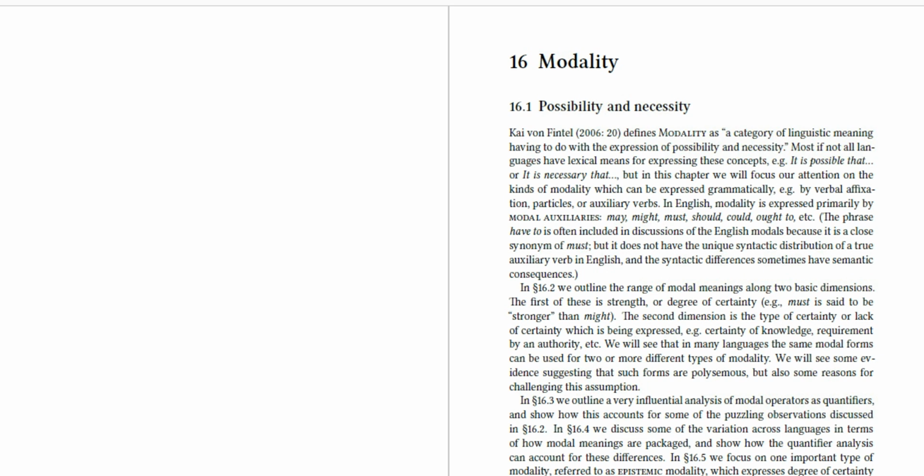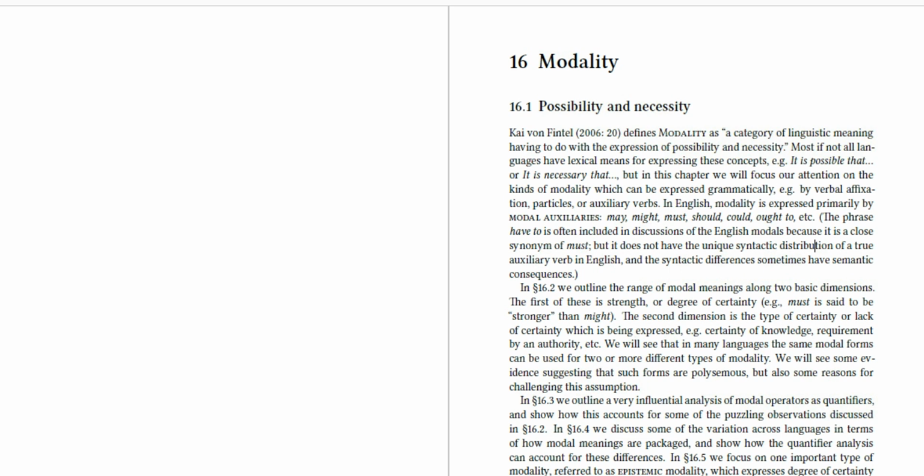A sentence like, for example, Napoleon might have won at Waterloo illustrates logical possibility, because by the word might we can think about possibility.